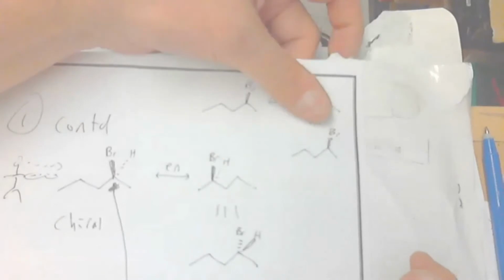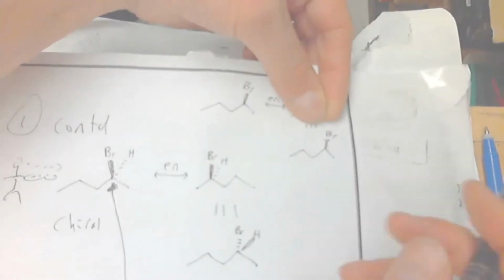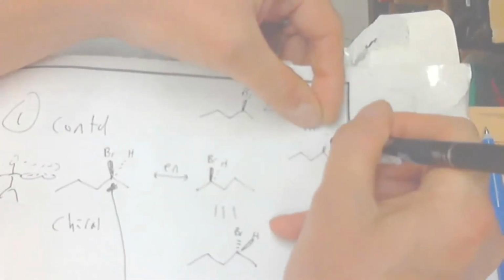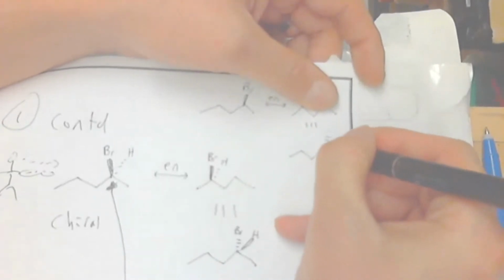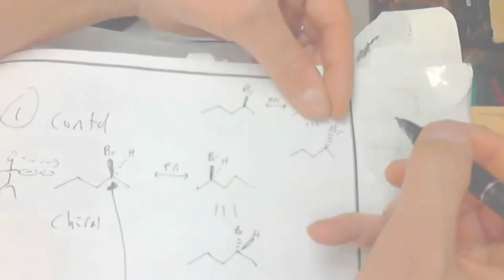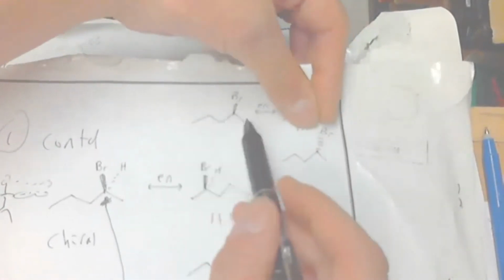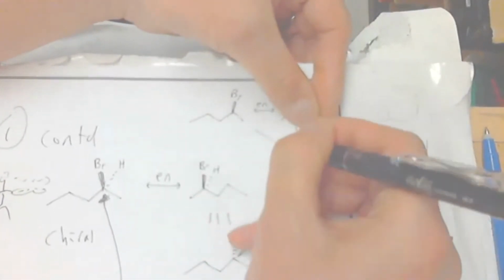And of course, this can also be shown like this, right? If I just cover up that top molecule and make it a little more dash, Br, right? This is a cool way to show an enantiomeric relationship also.